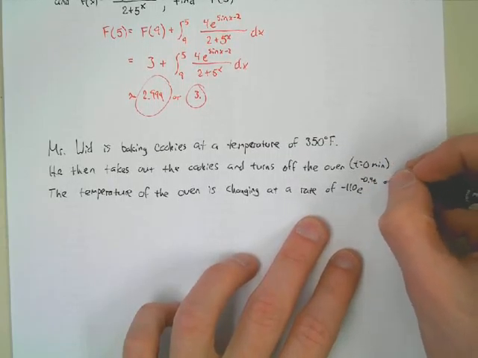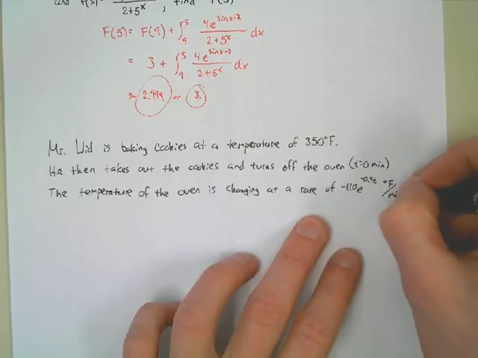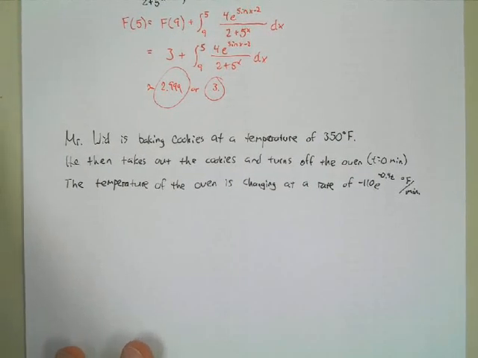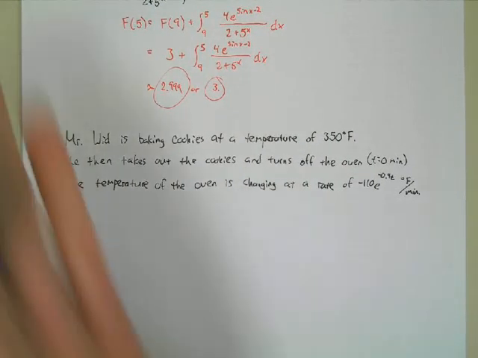All right, that's the rate of change. So if you plug in a time t there, that doesn't give you the temperature of the oven at time t. That gives you the rate of change of the temperature of the oven at time t, right? This is the rate of change of the temperature.